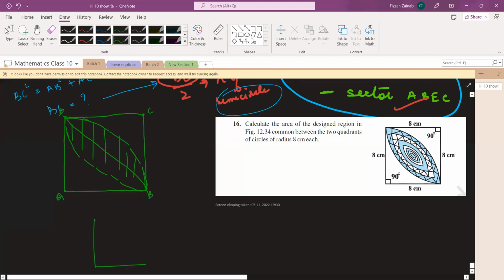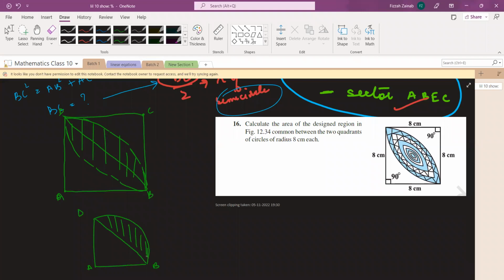Let us take only this one, A, B, and this is D. Let us find this area, and then we will multiply this area by 2 in the end. So this red area I'll get. Is that clear?